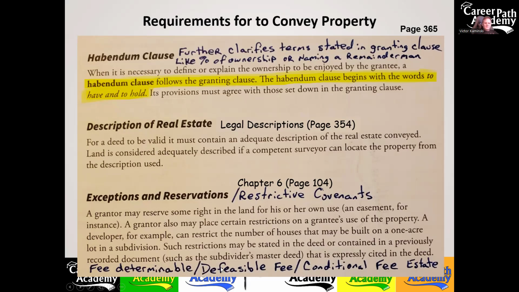We got the types of estates, restrictive covenants, legal descriptions, and this. Got all that? Yep. Anybody still writing or everybody got it? I'm good, sir. Okay.